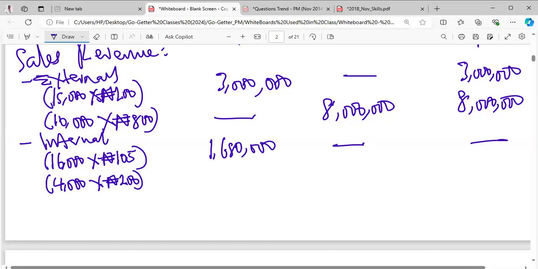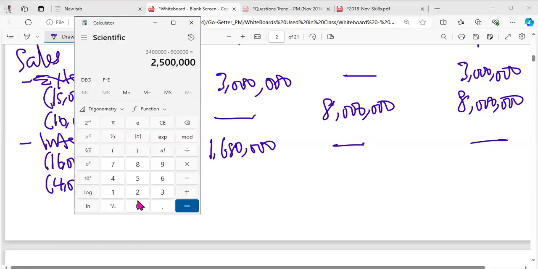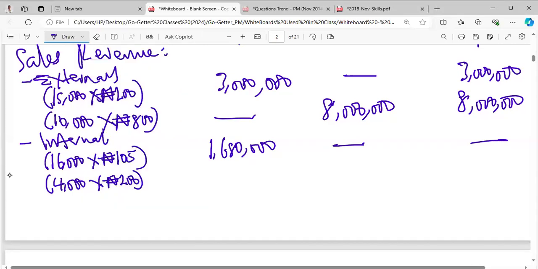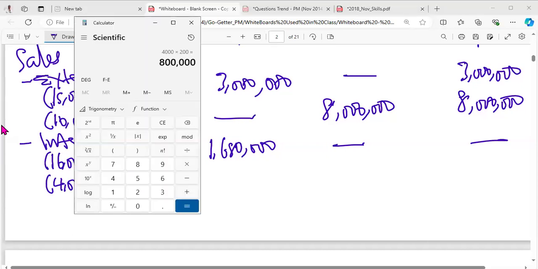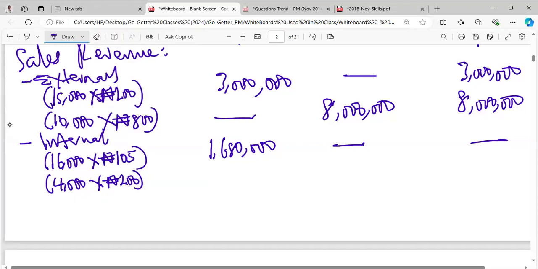So what would that be? 4,000 at 200 naira. That's going to give me 800,000. Let me check again. I wrote the wrong thing. So this is 800,000.